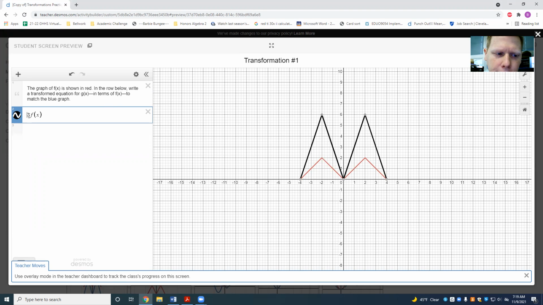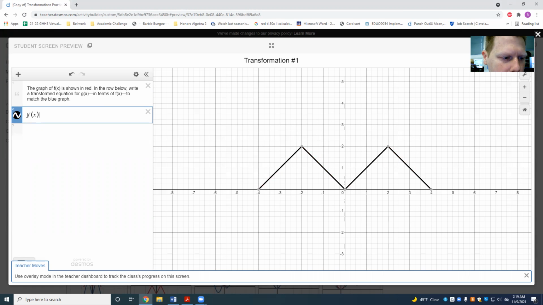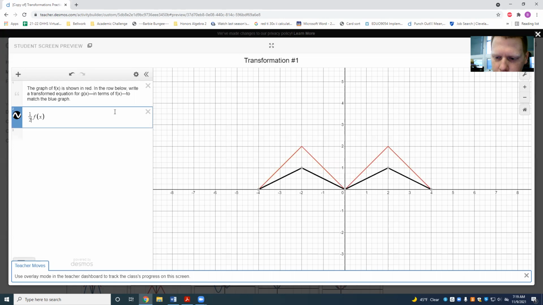The next thing we're going to look at is what if I put a fraction in front? Let me zoom back in. If I put a 1/2 in front, see how it squishes down? Let's say I did 1/3, it squishes down even more, then 1/4, 1/5, 1/6.